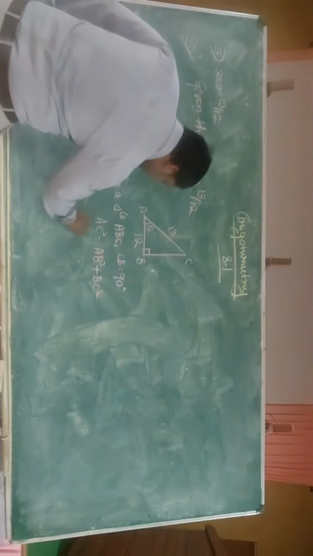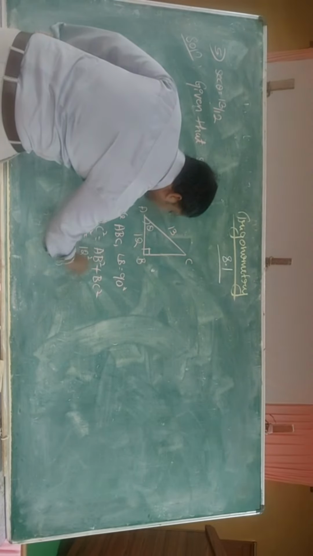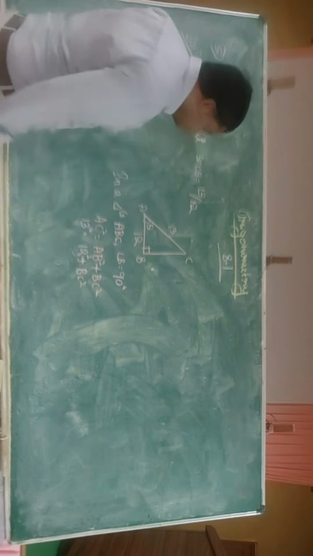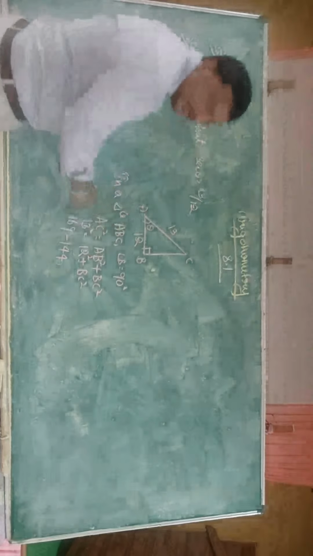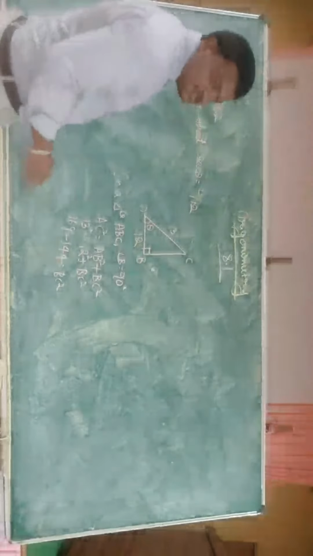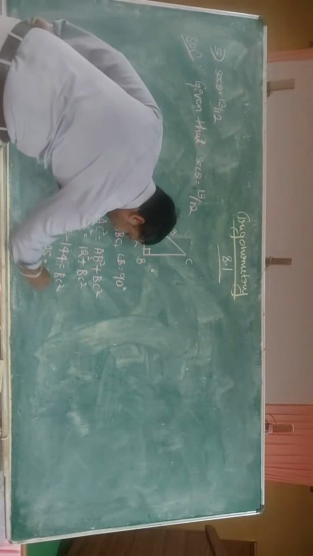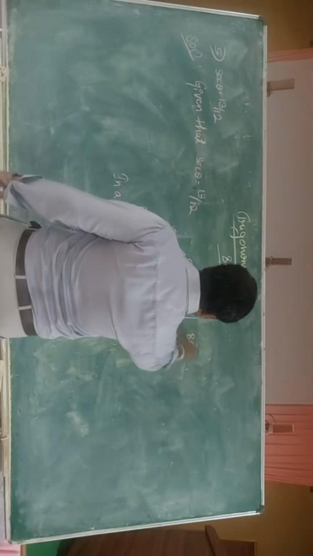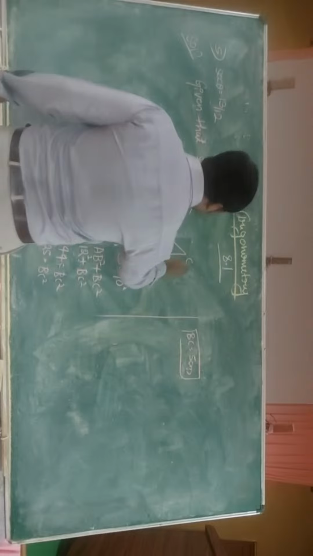AC is 13, AB is 12, and BC we don't know. 13 square is 169, minus 12 square, 144, is equal to BC square. 169 minus 144 is 25, equal to BC square. So BC is equal to 5 centimeter.